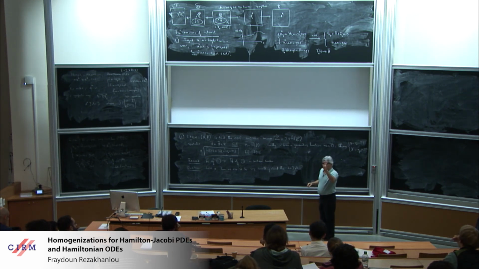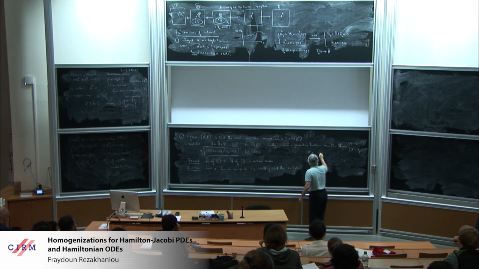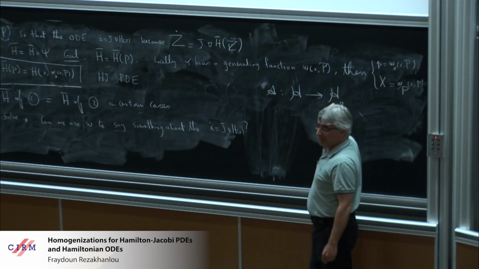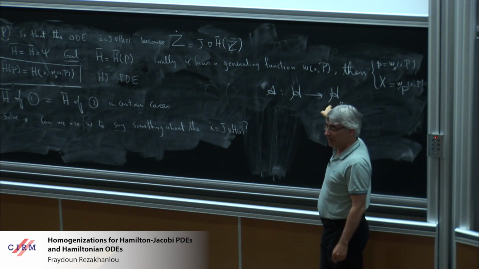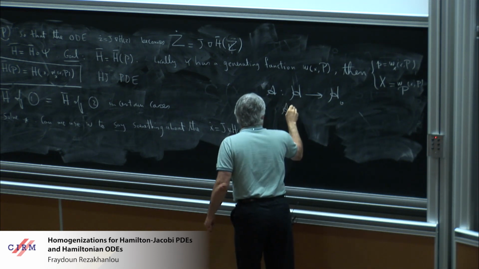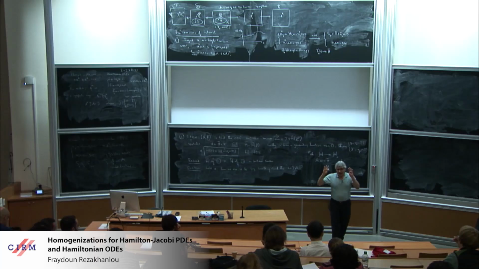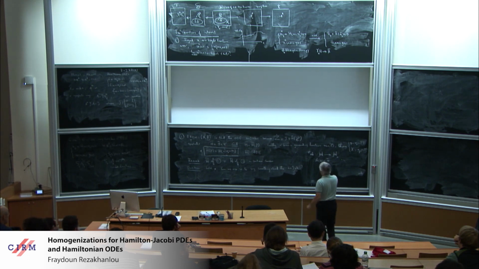In all, you're basically talking about a transformation A that goes from the space of all Hamiltonians to a space of certain Hamiltonians. These are Hamiltonians that are independent of position, and that would send H to H bar. This transformation is highly non-trivial, and it has some consequences for the PDE problem and the ODE problem.